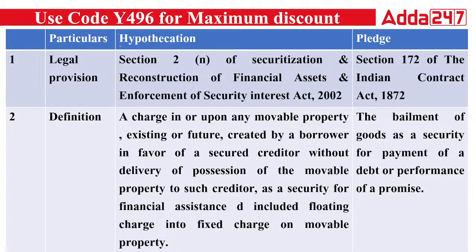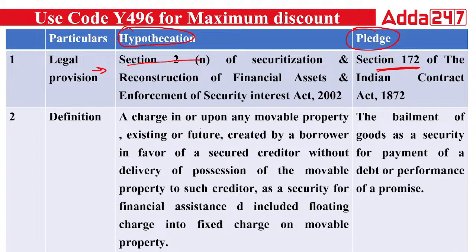The major confusion is between hypothecation and pledge. If we talk about the legal provision, Section 2(n) of the SARFAESI Act talks about hypothecation, and Section 172 of the Indian Contract Act 1872 talks about pledge.